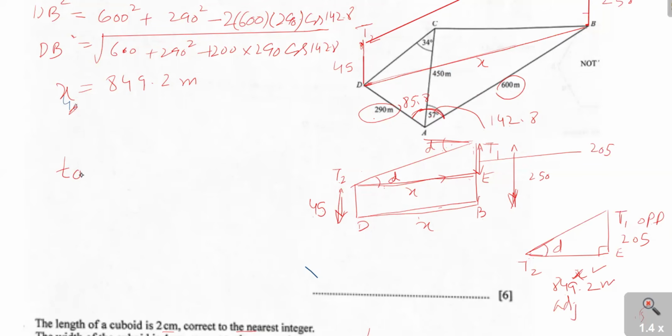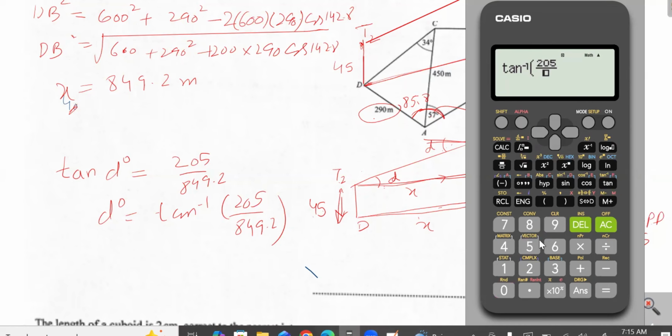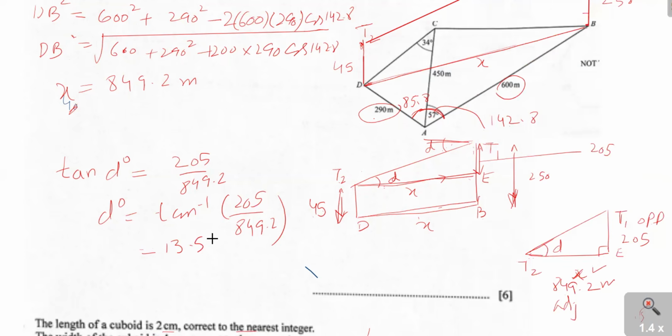According to the formula, tan D degree will be equal to 205 over 849.2, and D degree will be equal to tan inverse 205 over 849.2, and this value will be 13.57 degree, and the 3SF value will be 13.6 degree is the answer.